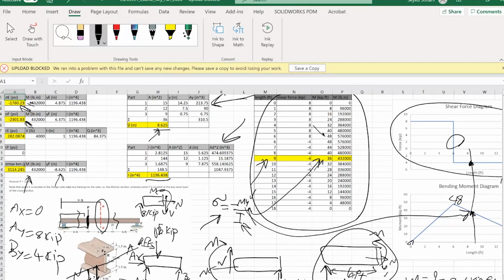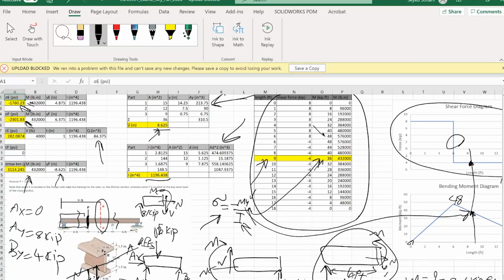Q is the first moment of area for the points that belong to any section of the cross section. And that's essentially the area atop the thickness line that the point belongs to, multiplied by the distance between the neutral axis for that sub-area and the neutral axis for the entire cross-section. And for the case of point F, obviously it's equal to 0.